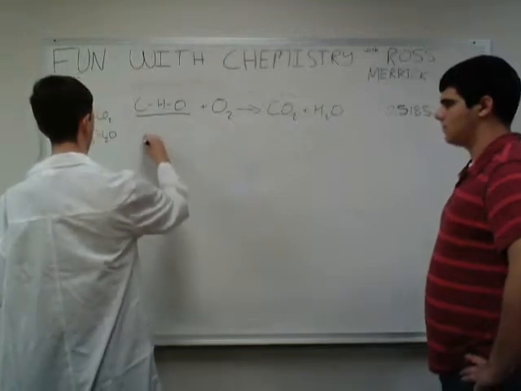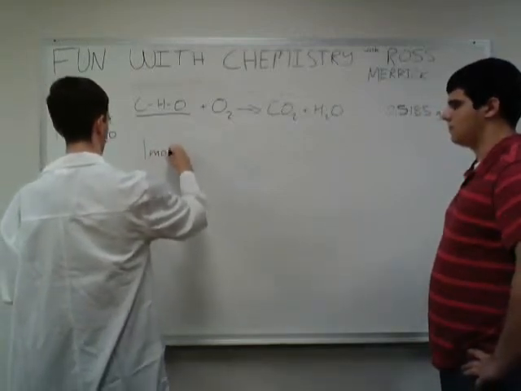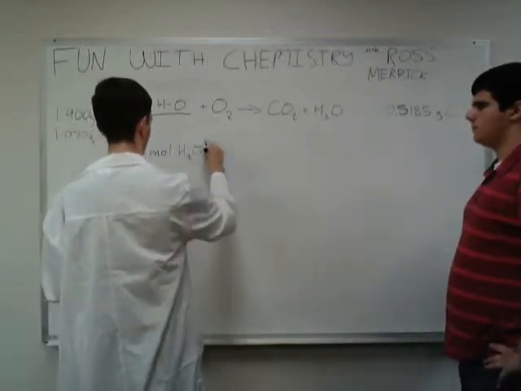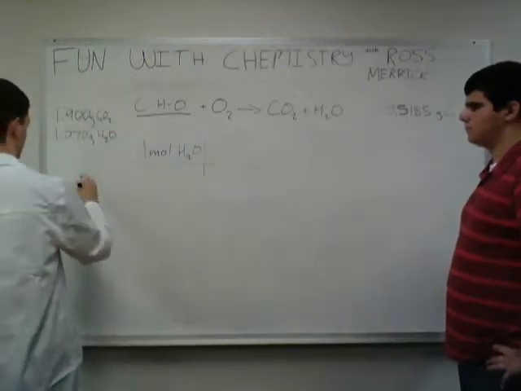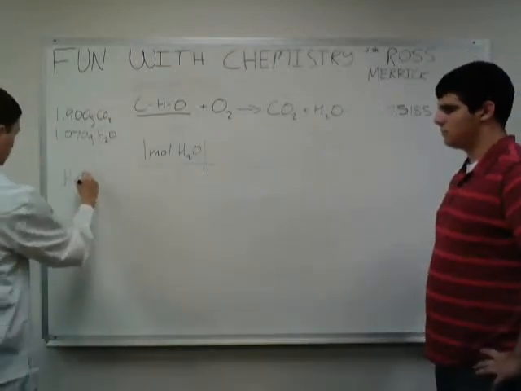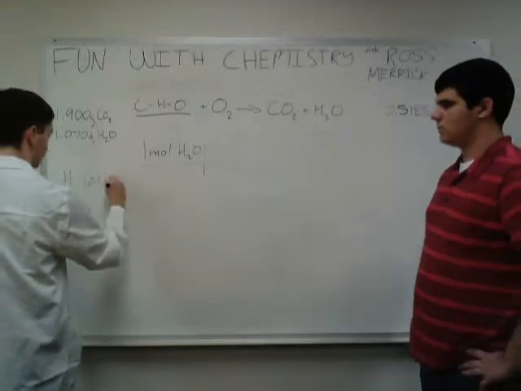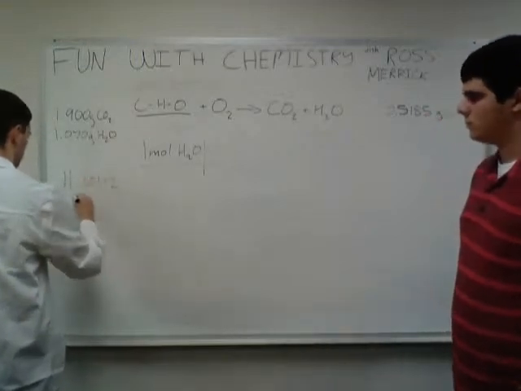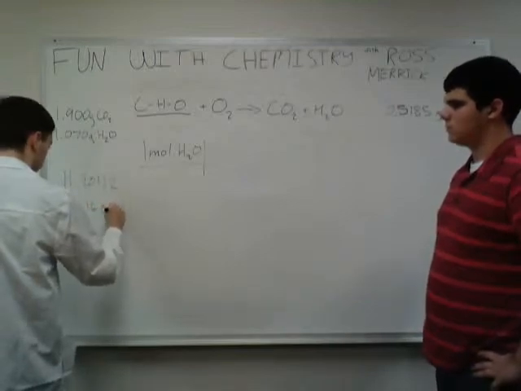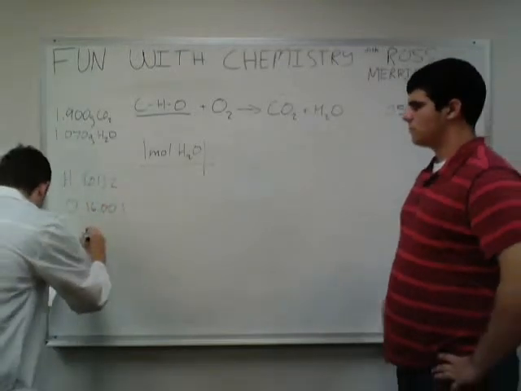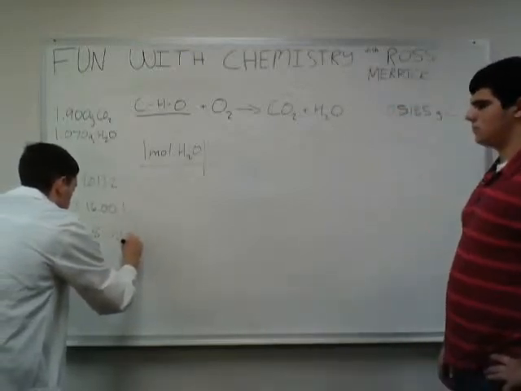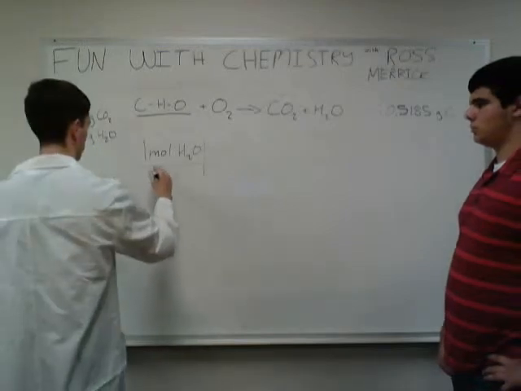1 mole of H2O. In that 1 mole of H2O, we have 2 hydrogens. Hydrogen is 1.01 AMU, and we have 2 of them. Then we have 1 oxygen, which is 16.00, giving us a total of 18.02 grams per mole.